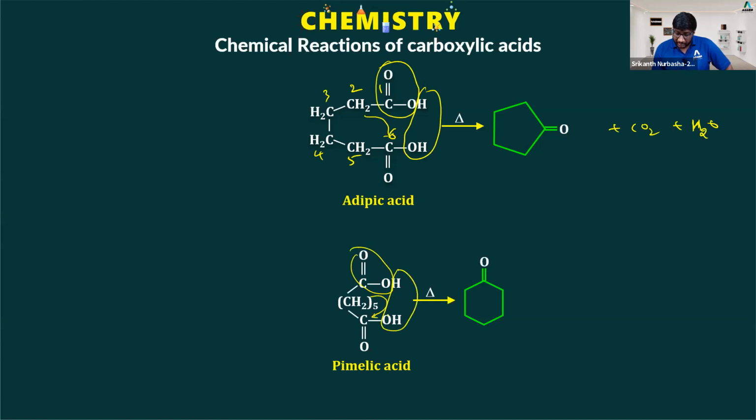Adipic acid and pimelic acid, the 1,6 and 1,7 acids, when heated, undergo loss of carbon dioxide as well as water, and you generate cyclic ketones. 1,2 and 1,3 give carboxylic acids, 1,4 and 1,5 give anhydrides, 1,6 and 1,7 give cyclic ketones. In 1,2 and 1,3, CO2 is lost; in 1,4 and 1,5, H2O is lost; in 1,6 and 1,7, both CO2 and H2O are lost. These are the heating effects of the respective carboxylic acids.